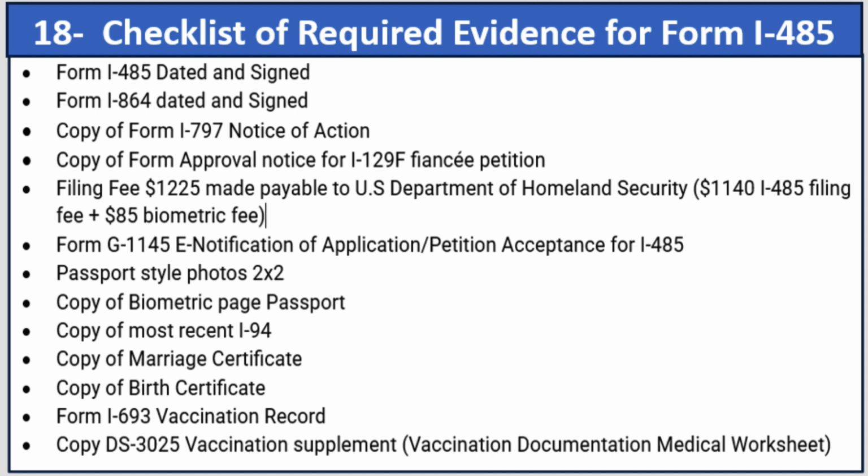You need a copy of the biographic page of your passport, including the K-1 nonimmigrant visa. Also, you need a copy of your most recent I-94. You also need a copy of your marriage certificate, a copy of your birth certificate, and Form I-693 vaccination record, including a COVID-19 vaccination card, and a copy of the supplement, which is the vaccination documentation medical worksheet.